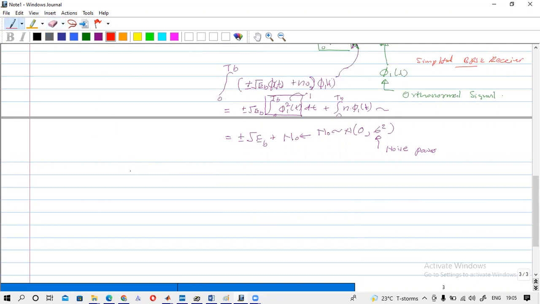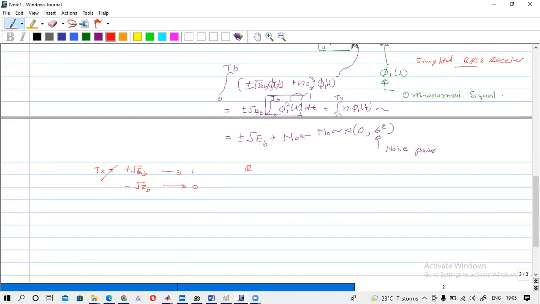Strictly speaking, we are sending plus root EB for 1 and minus root EB for 0. This will be your transmitting symbol, your transmitting signal.